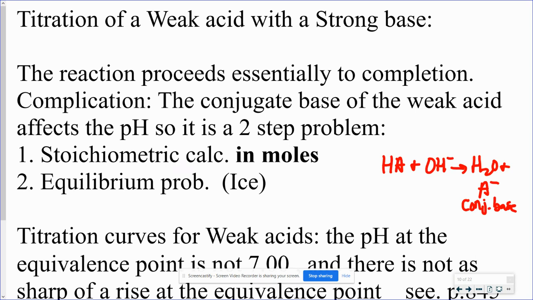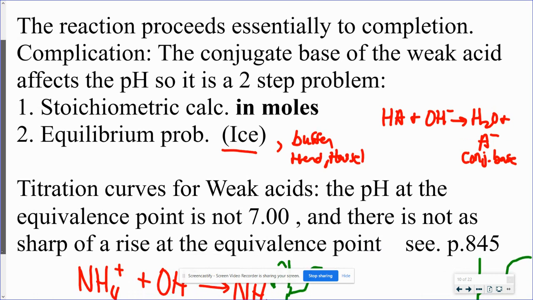When you only have weak acid or you only have weak base, then it's an ICE problem. So we're going to have a combination of things. We're going to have an ICE problem. We're going to have a buffer formed, so we can use the Henderson-Hasselbalch equation as our shortcut, and we still have to do the stoichiometry part.